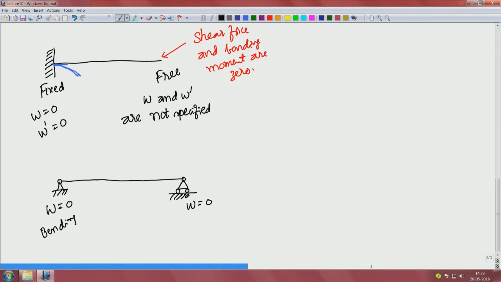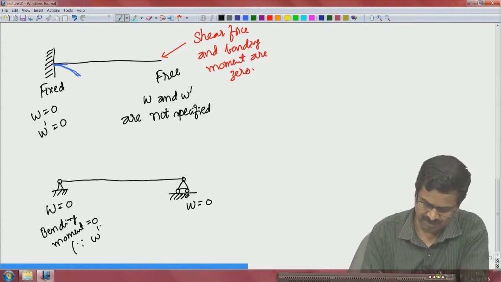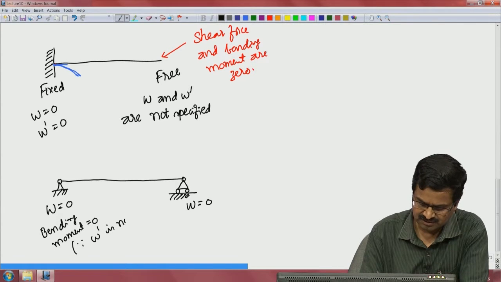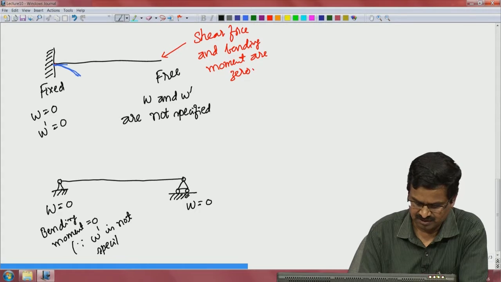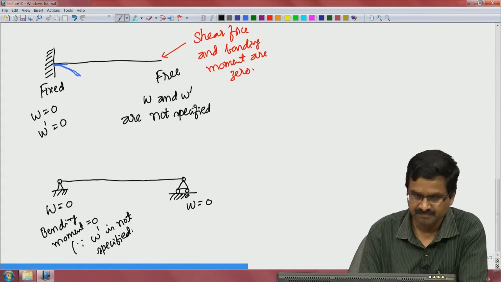is 0. Bending moment is equal to 0 because W prime is not specified. Okay.